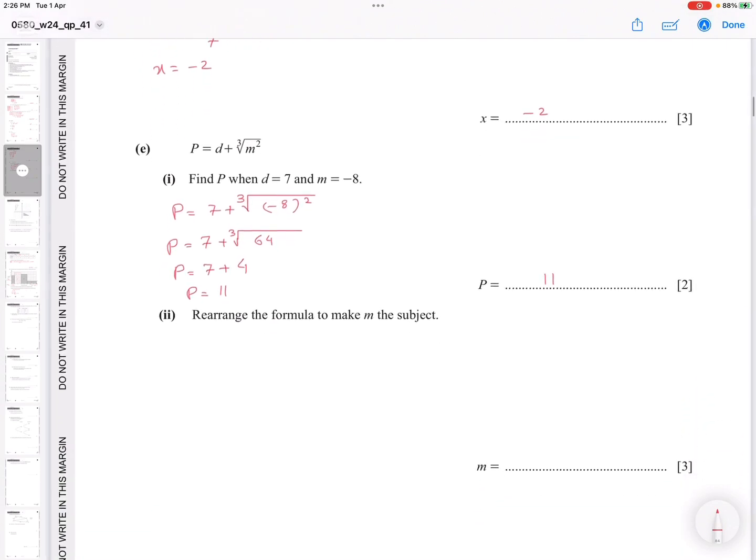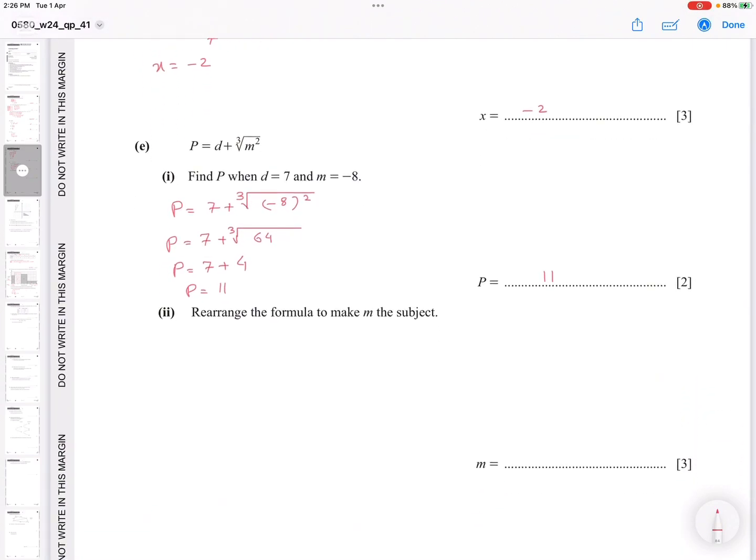That would be your answer. Rearrange the formula to make m the subject. So p equals d plus cube root of m square. It will become p minus d equals cube root of m square.